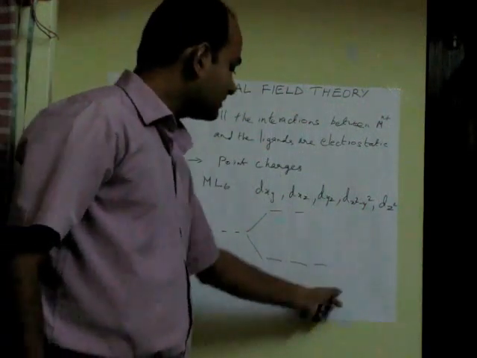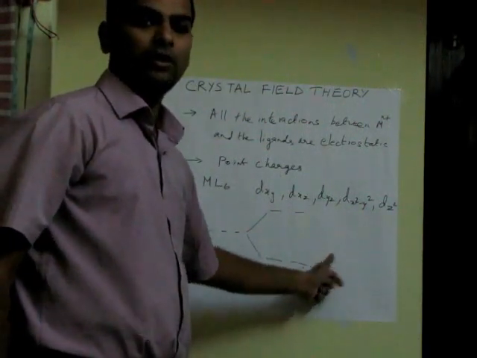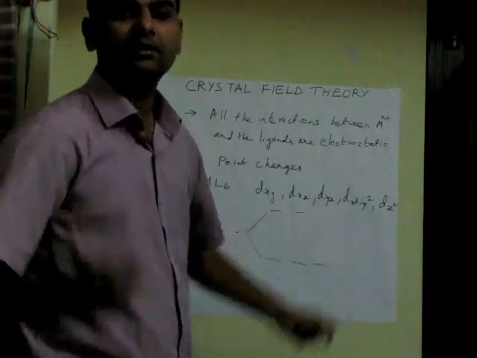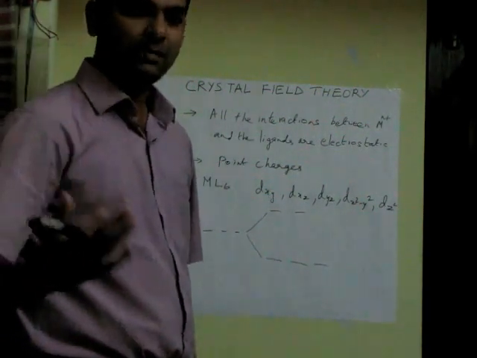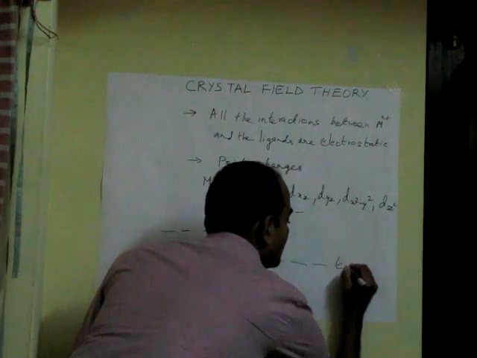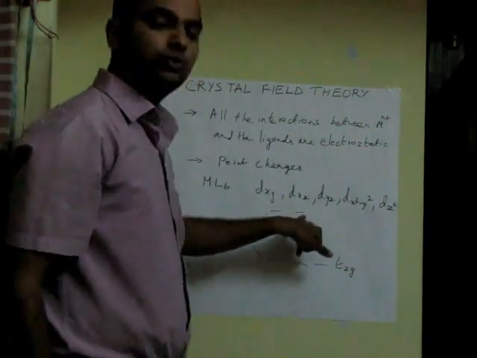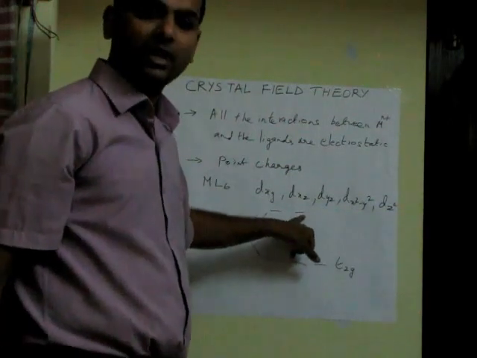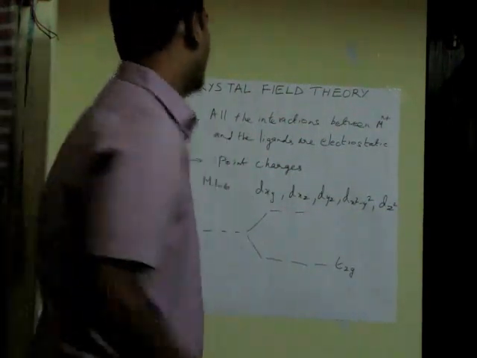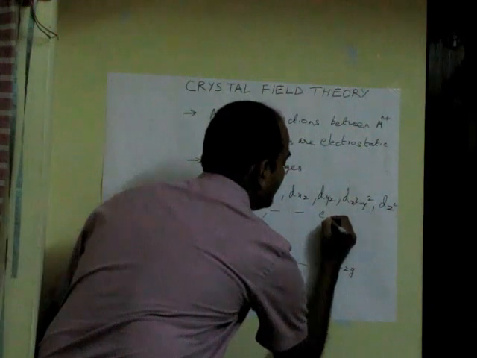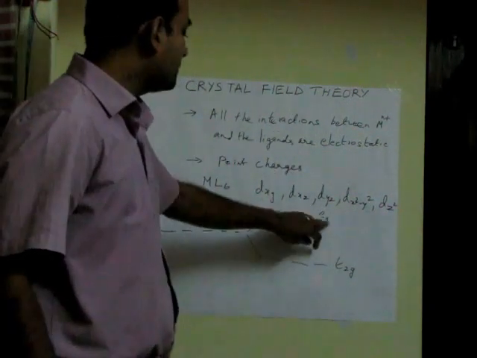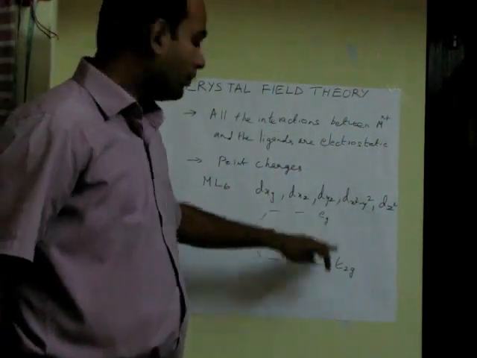This set of 3 orbitals is given the symmetry label T2g, and the set of 2 orbitals which are destabilized, that is higher in energy, is given the symmetry label Eg.